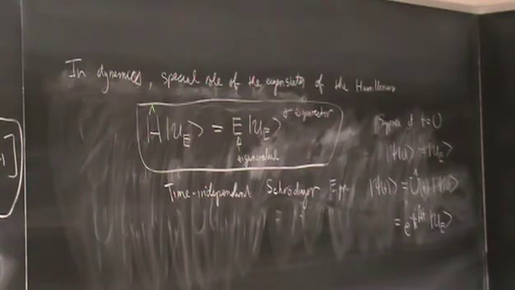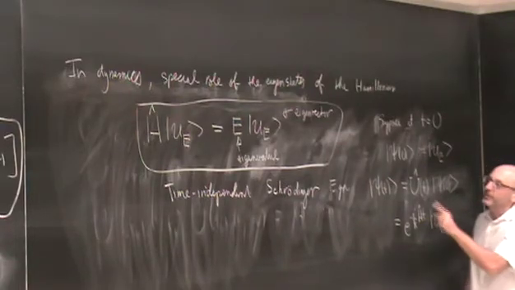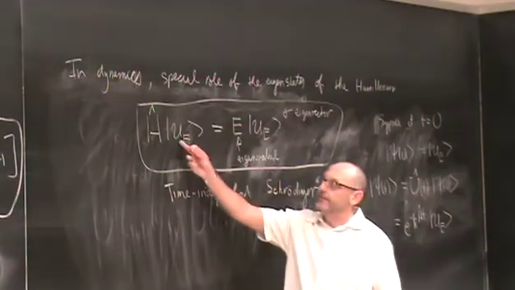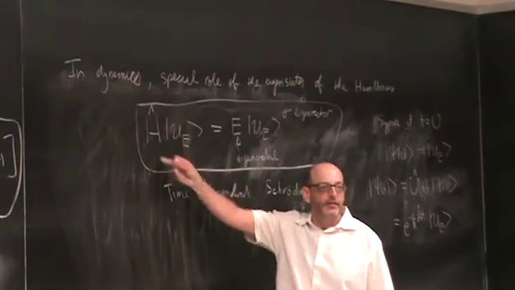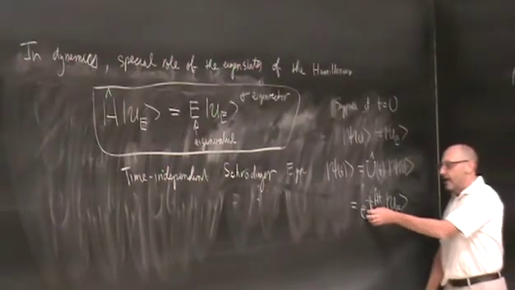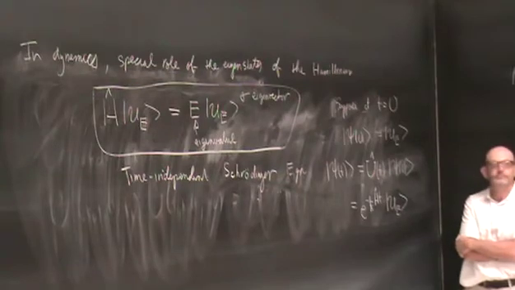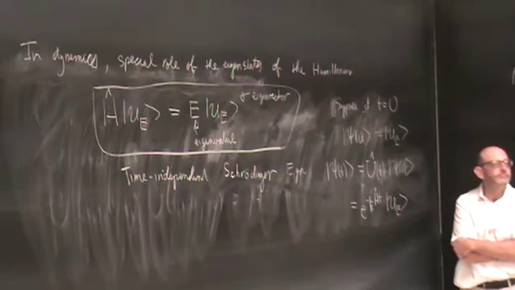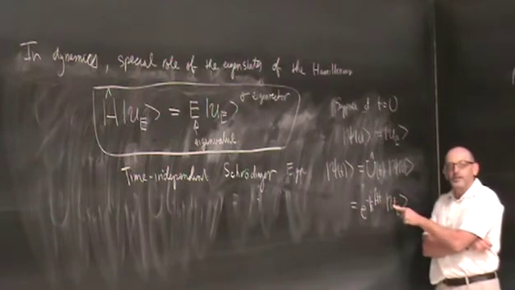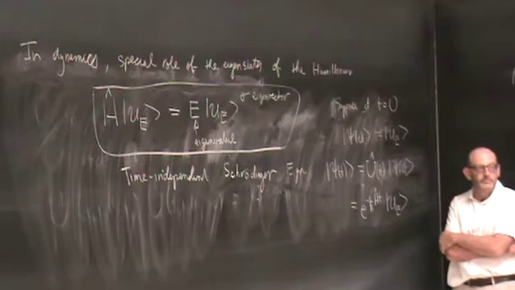So what is that? These states are defined as eigenvectors of the Hamiltonian. So when I act this on this, what do I get? H acting on U is the energy. You're going to get a power series.